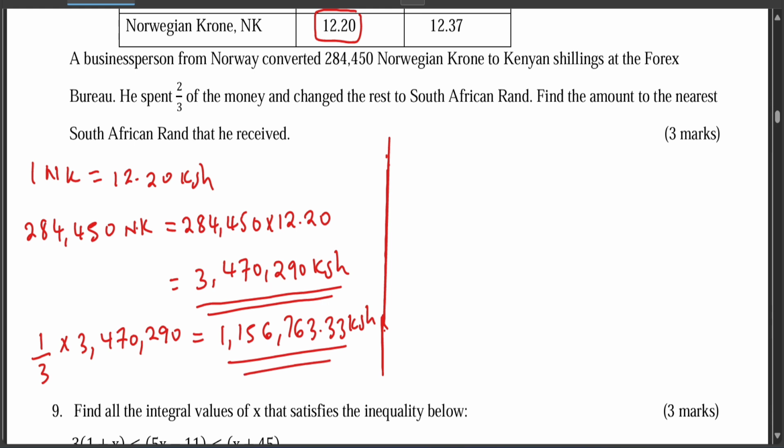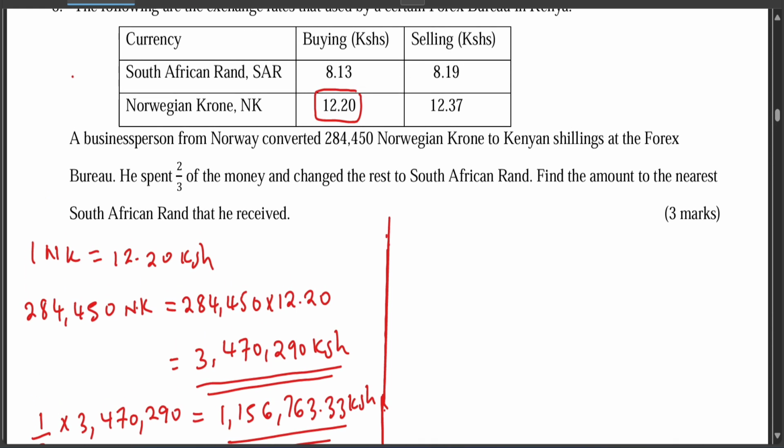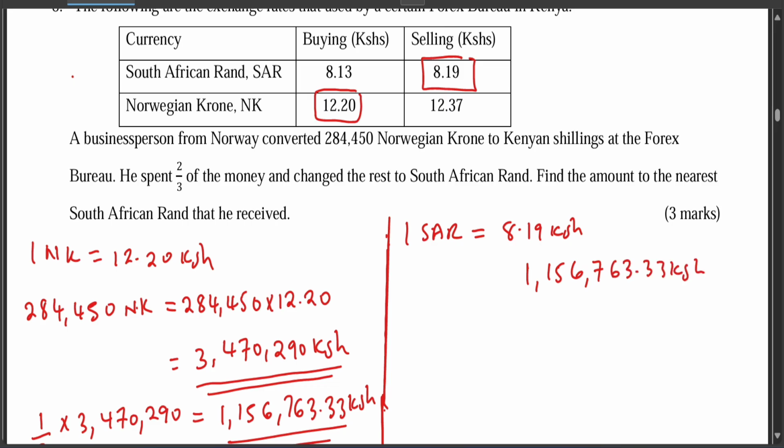Then he went and converted this Kenya shilling to South African rand. So when he goes to the forex, the forex will sell the currency to him. If one SAR is equivalent to 8.19 shillings, you ask yourself, what about the 1 million? That is a lot of money, and I myself have never held it. So you multiply, then you divide.